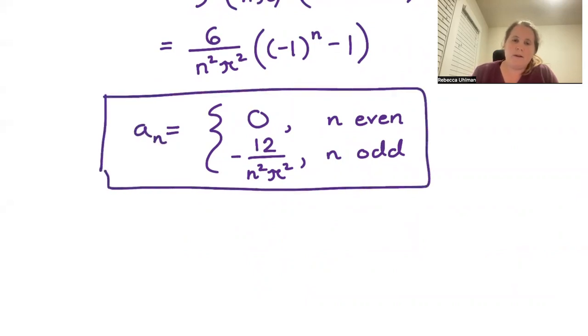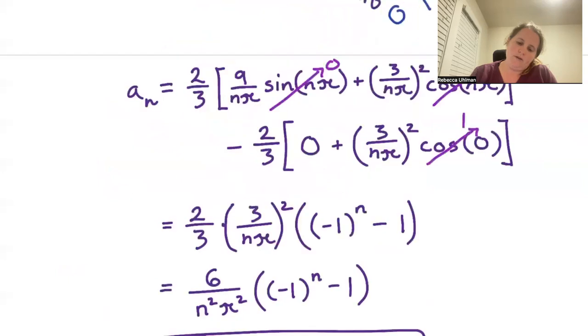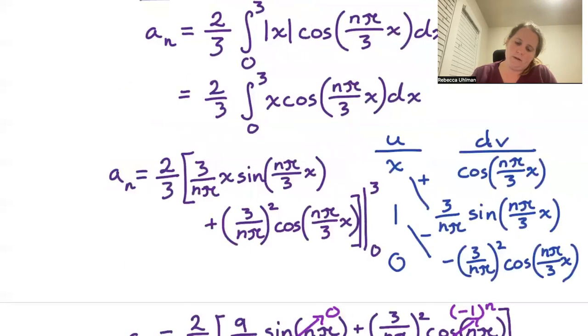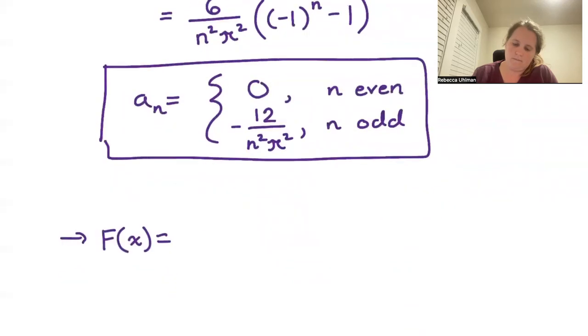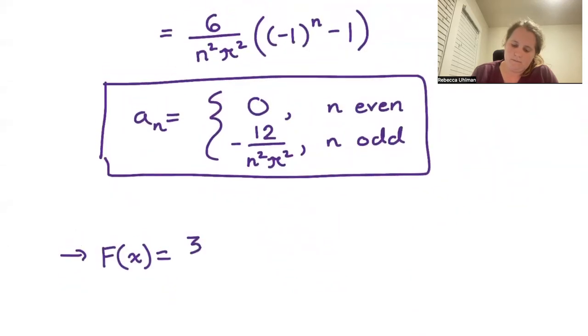We could summarize this. We get that our f of x is equal to our a sub 0 was 3/2. Then we have plus, to get all of the odds from 1 on, we'll go from n equals 1 to infinity. And we will do 2n minus 1 now.